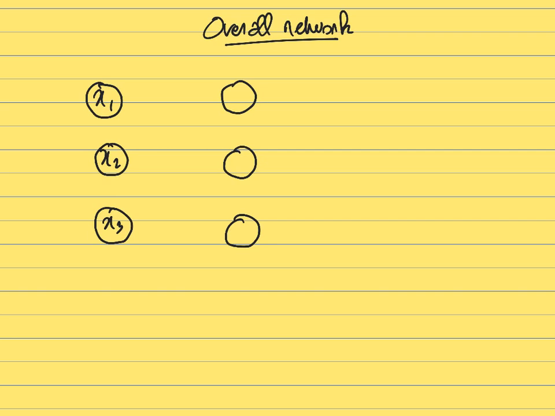And then those hidden neurons are going to be connected to an output, either 1 or more than 1, 2, 3, several outputs. Those are the outputs that you want to predict.